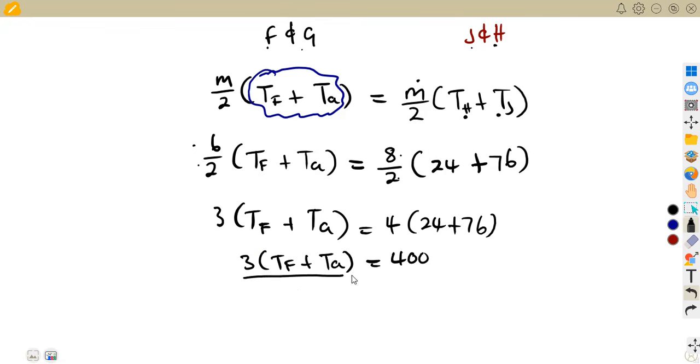So in order to obtain TF plus TG, you can divide by 3. So we are going to remain with an equation for TF plus TG, which is going to give us 400 divided by 3, that is 133.333, to 3 decimal places, all right?